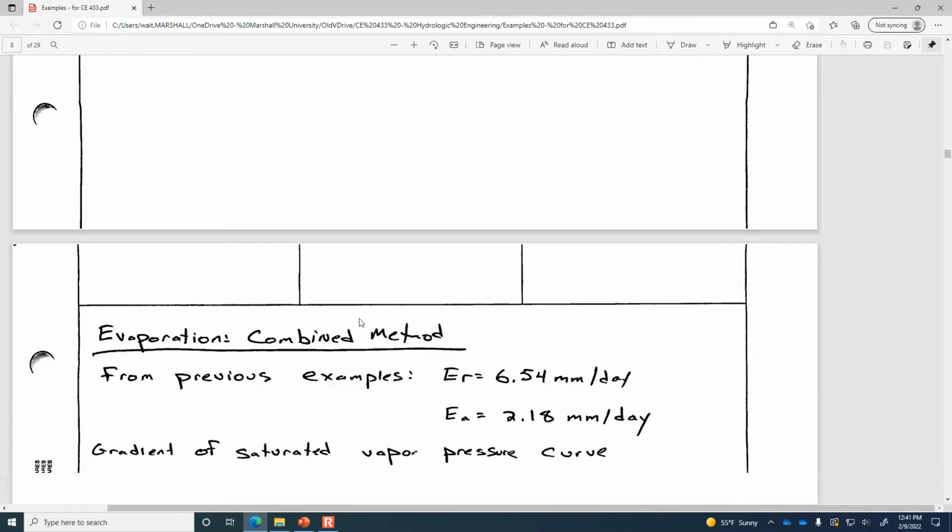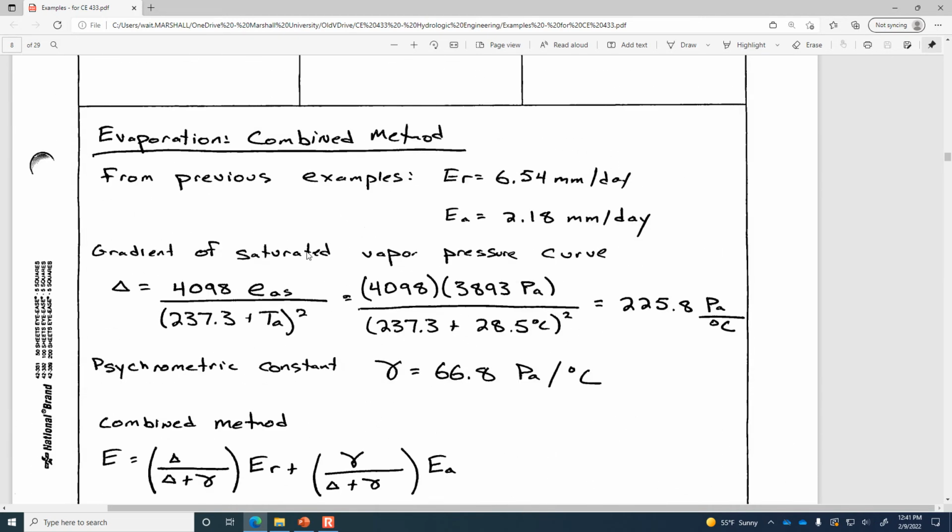And if we calculate delta, the gradient of the saturated vapor pressure curve, we're putting in the calculated vapor pressure that we already estimated and the temperature of the air, leaving it in Celsius, and we get this constant, 225.8 pascals per Celsius.